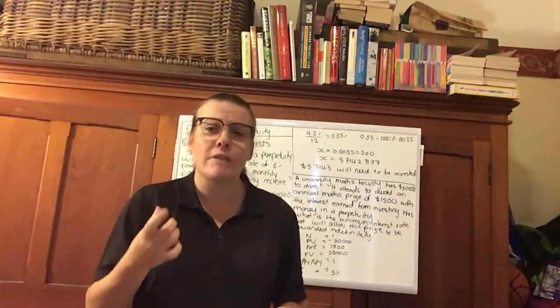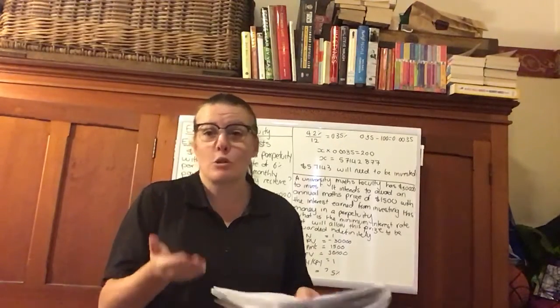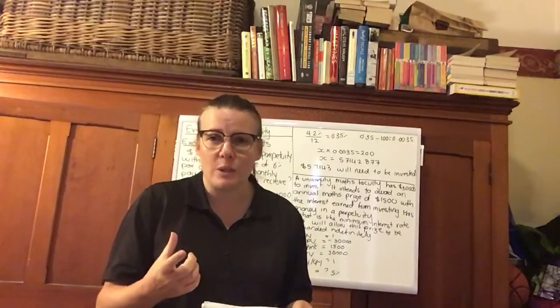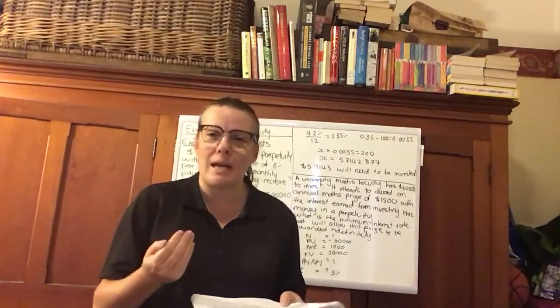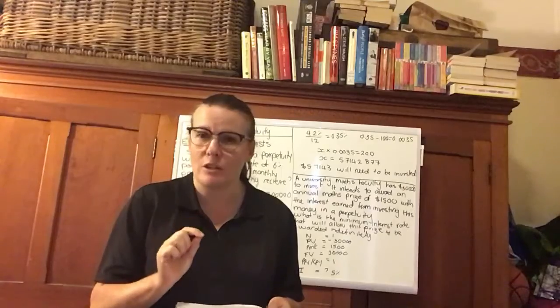So the actual invested amount never decreases. You can get 20 payments and the amount that you originally invested is still there. It never gets touched. The payments are just the amount of interest that the account earns.